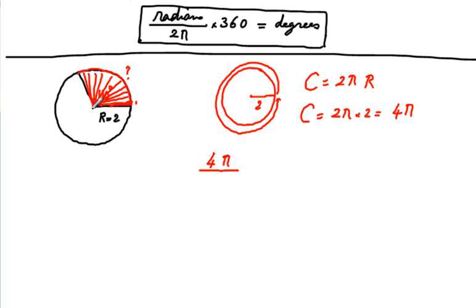If I cut my circle into lots of little slices, how many slices do I need so that this will be just 1 degree? 360. 1 degree is 1/360th of the whole circle. Now, if you have traveled over 110 degrees, that's 110 times that.